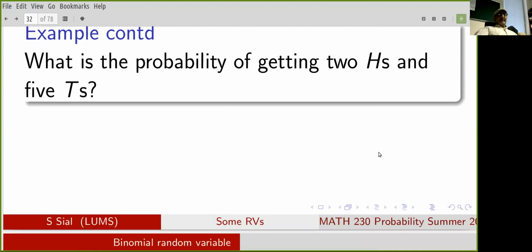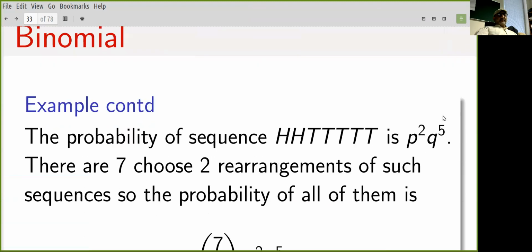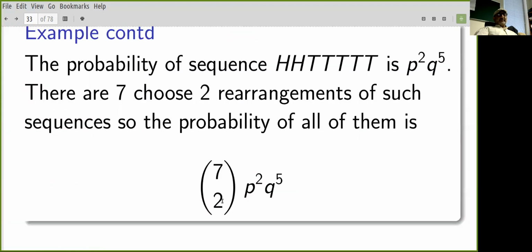How many ways are there to do it? You have to choose the 2 places out of 7 to place the H's. So there are 7 choose 2 ways of writing out the sequence of H's and T's which meets our requirement, and the probability of each one is p squared q to the 5. So when we sum up all the probabilities, it is 7 choose 2 p squared q to the 5.